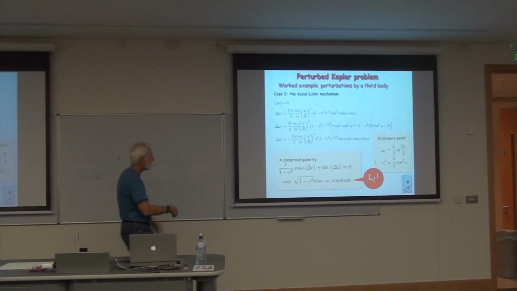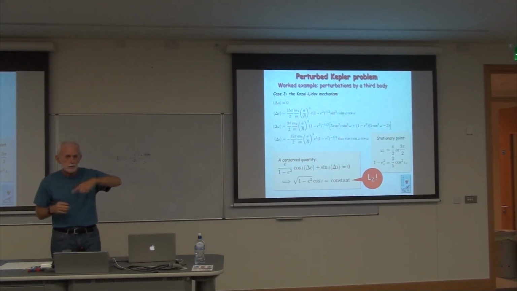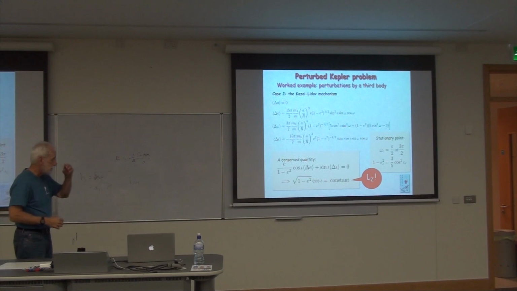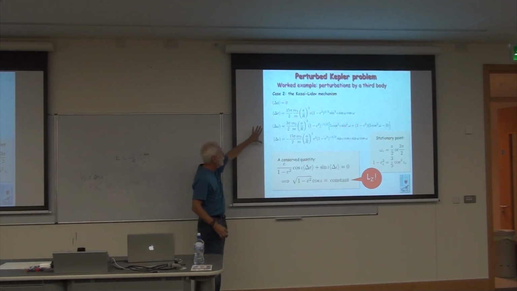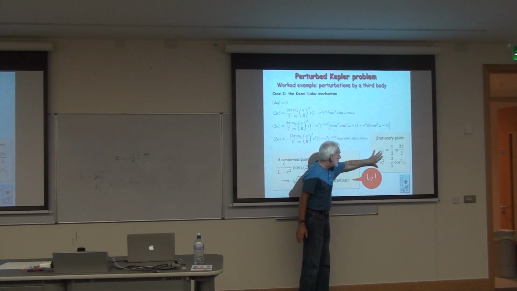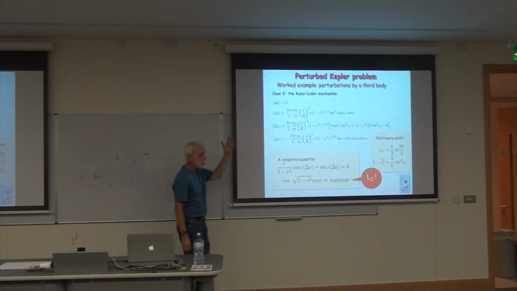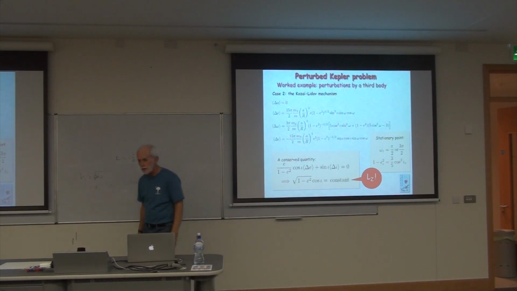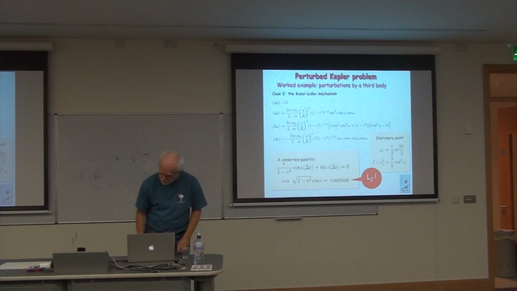Kozai was studying asteroids, and Lidov was studying artificial satellite orbits around the Earth. They both discovered this phenomenon of both this interchange between e and i and these stationary points and the resonant phenomena that you can get. And in Kozai's case, of course, they explained long-standing observations of asteroid behavior in the solar system.